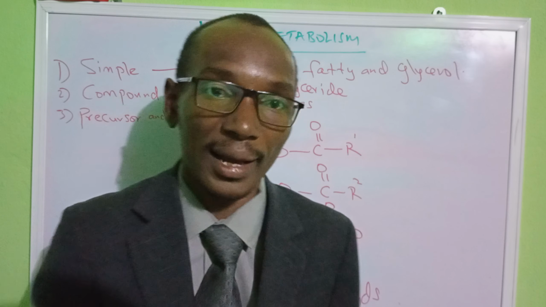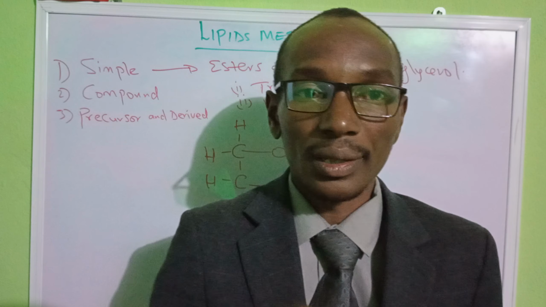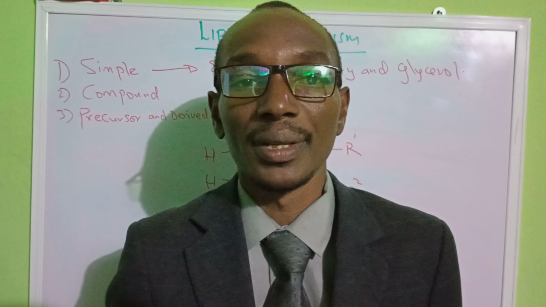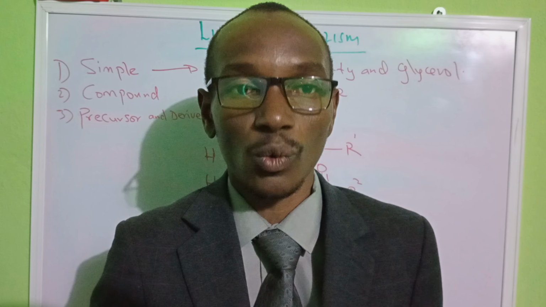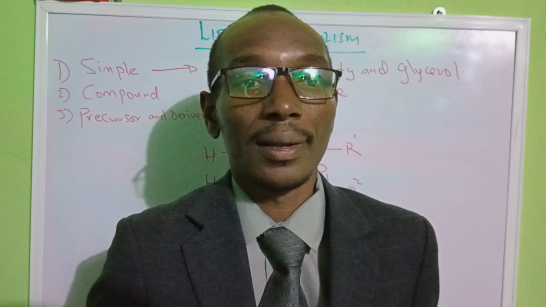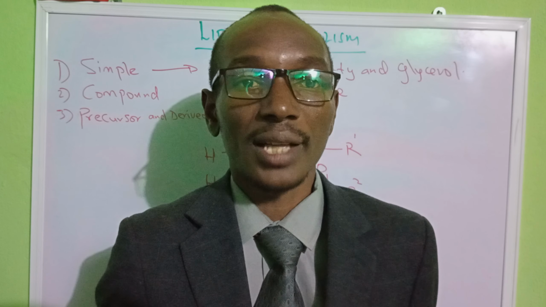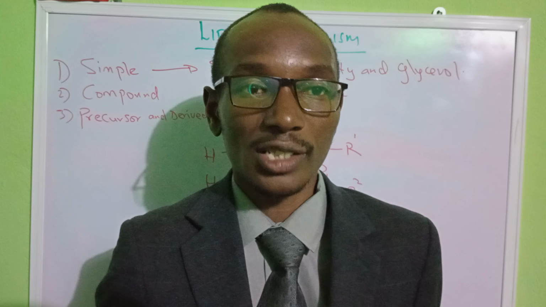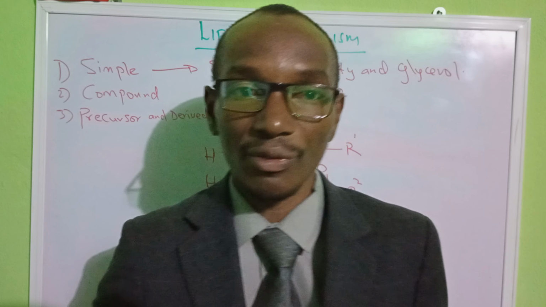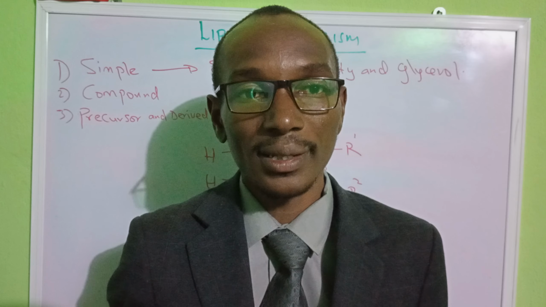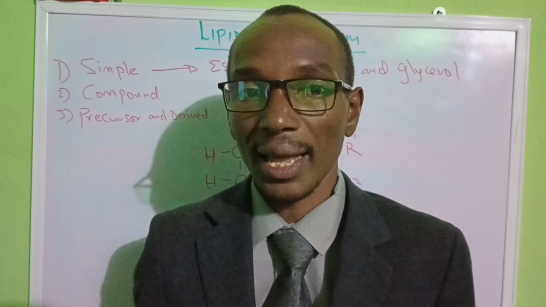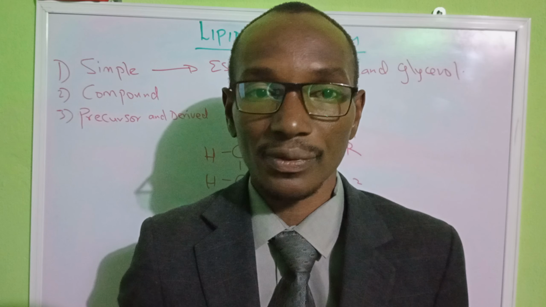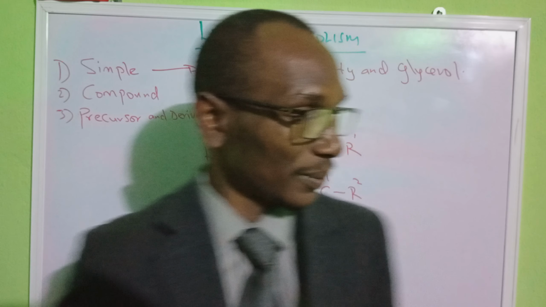It is an example of derived or precursor lipid like the glycerol, because when lipid is being digested or split in the body during digestion, it can split to give the free glycerol and the free fatty acid. So the free fatty acid and the glycerol are also examples of derived lipid. So these are the three classifications of the lipid that we have.